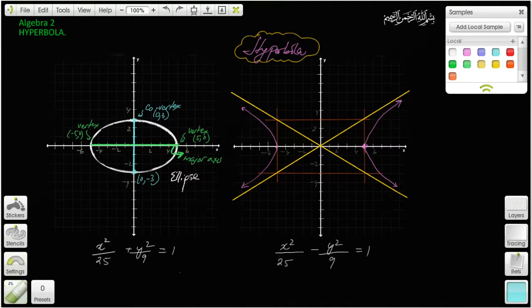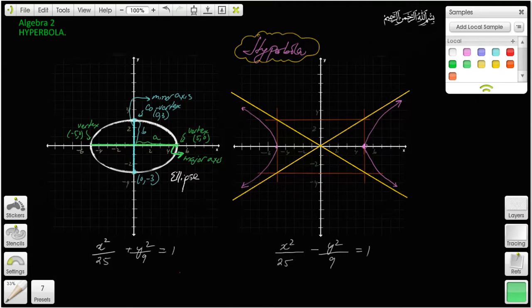Okay, so those are the co-vertices, major and minor axis. Now, if you also recall, the minor axis was over here, and the length from the center of the ellipse to one of those co-vertices, that was B, and the length from the center of the ellipse to one of the vertices, that was A.